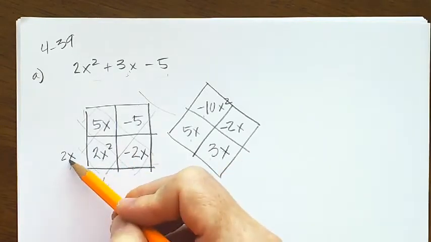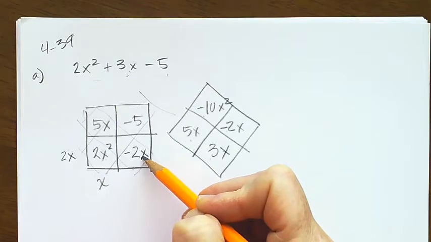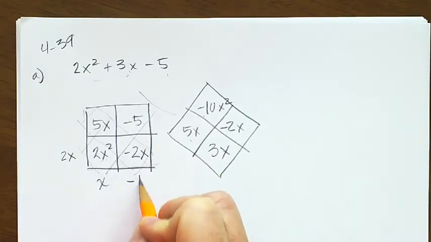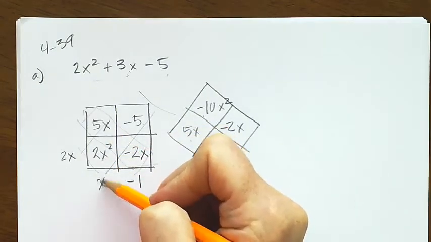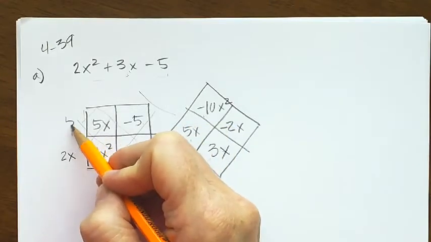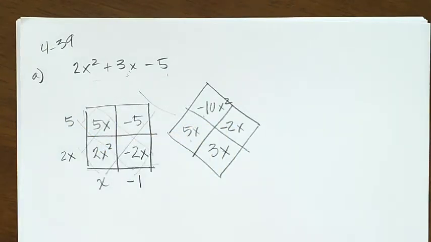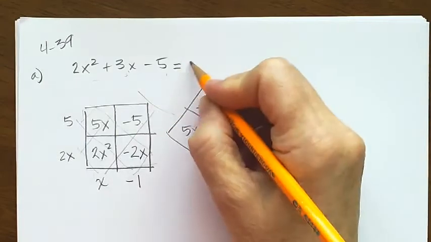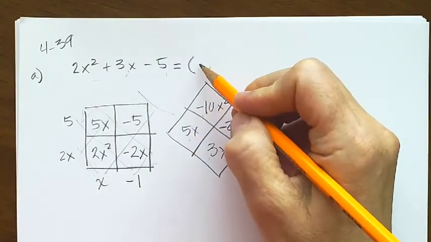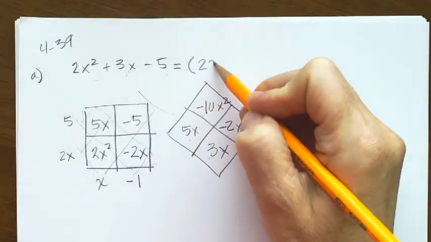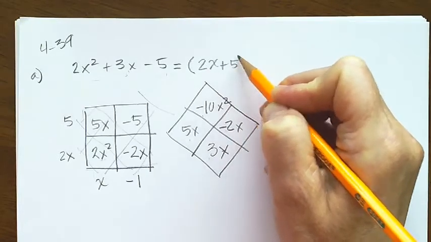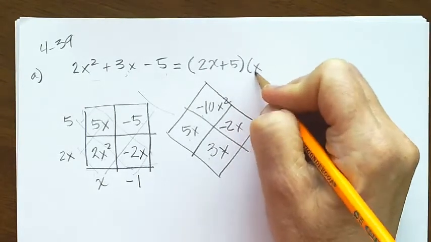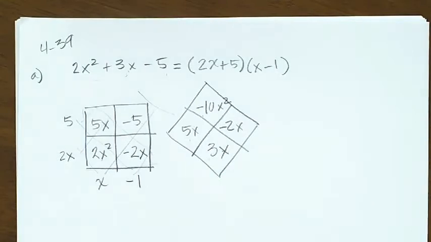And then from there, 2x times what is negative 2x? Negative 1. X times what is 5x? Positive 5. So then my length and width, my area as a product, would be 2x plus 5 and then x minus 1.